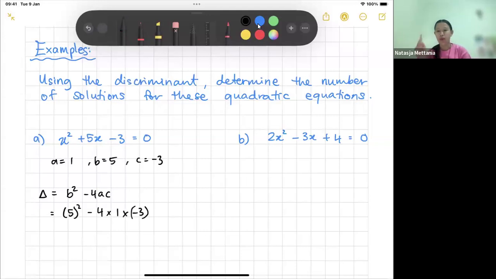Anytime I have a negative, I put it in brackets so my calculator can do it correctly. Putting 5 squared minus 4 times 1 times negative 3 into the calculator gives me positive 37. So my discriminant is equal to positive 37.